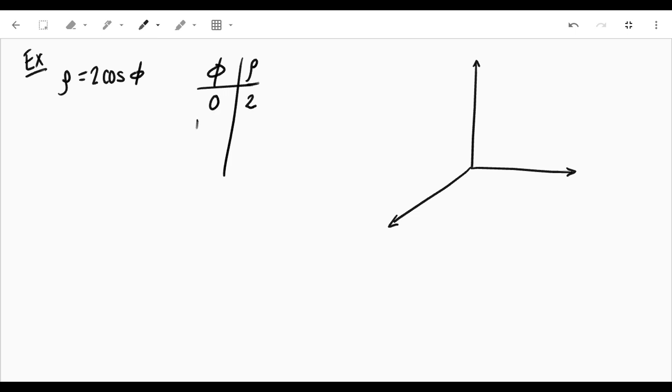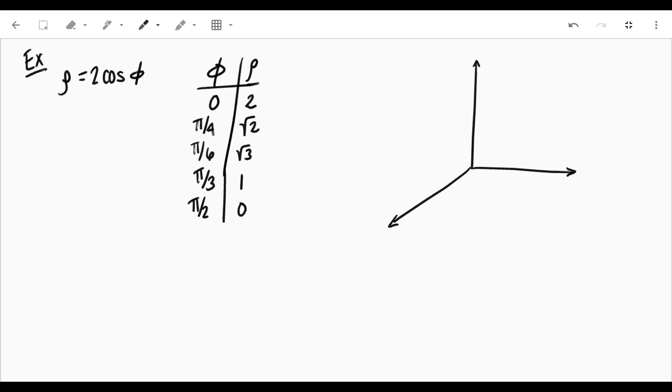If phi is pi over 4, rho is going to be 2 times square root of 2 over 2, so square root of 2. I could have done pi over 6 first. The cosine of pi over 6 is square root of 3 over 2, so then we have square root of 3. Pi over 3: cosine of pi over 3 is 1/2, so we just have 1. And pi over 2, rho would actually be 0 again, since cosine of pi over 2 is 0.